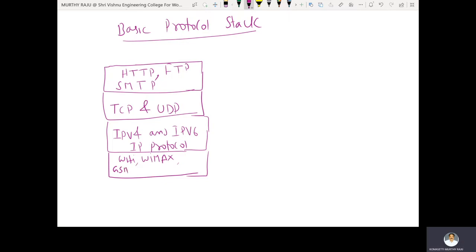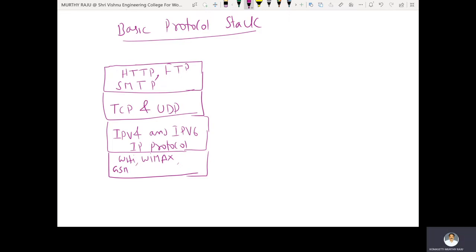GSM is the Global System for Mobile Communication.